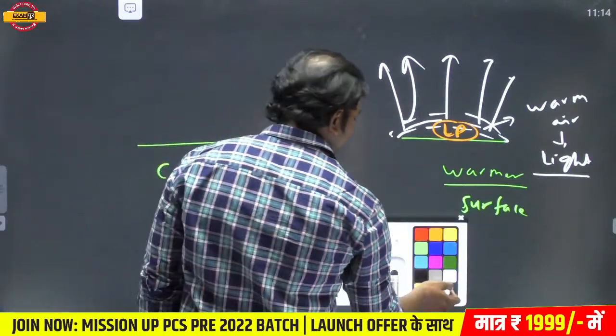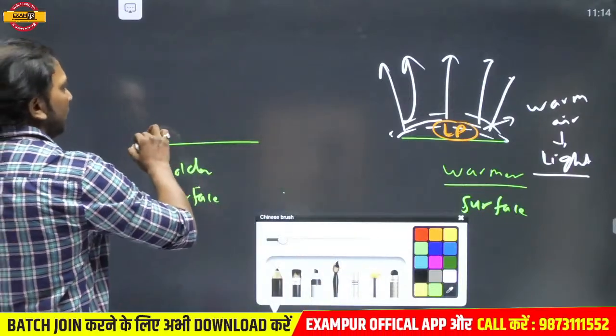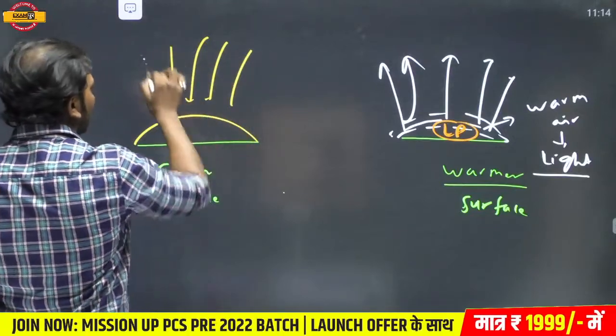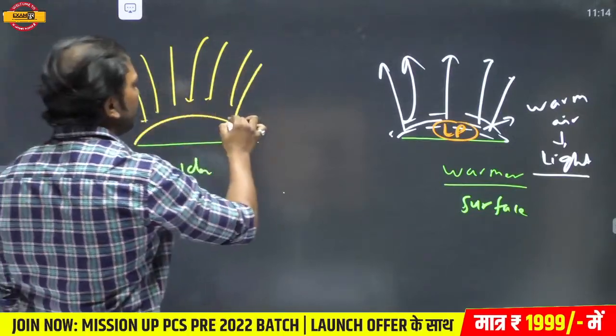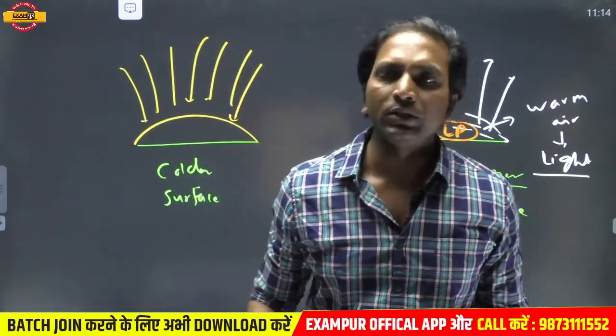Another reason, you can see this one is the colder surface, where there is a subsidence of air. The high pressure can be formed by the subsidence of air and also with the colder surface.